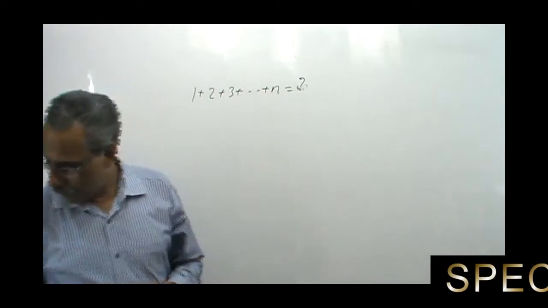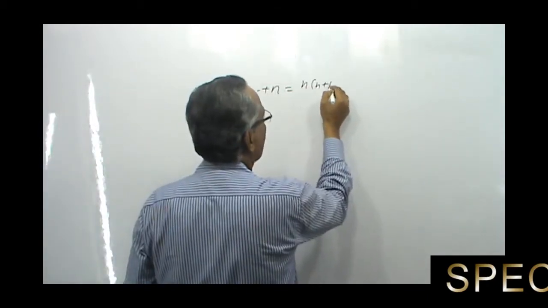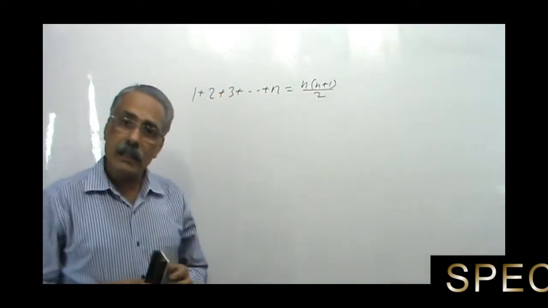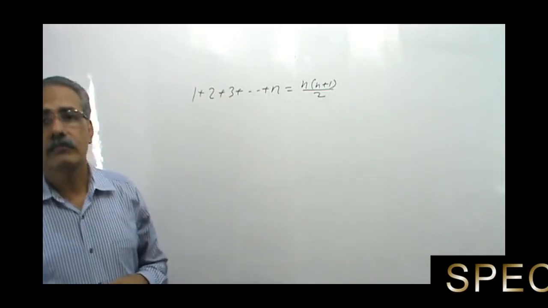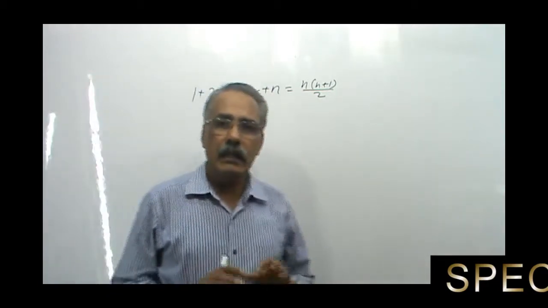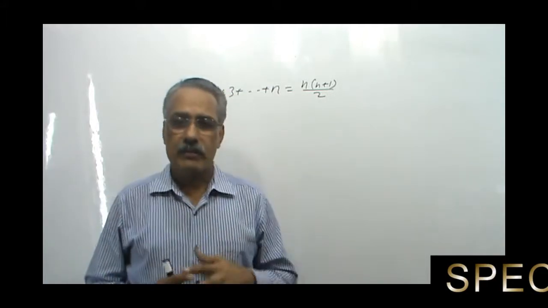But if you know that this is equal to n into n plus 1 by 2, mathematical induction will be able to tell whether this result is true or false, because this is true for natural numbers. Therefore, mathematical induction has primarily got three steps.